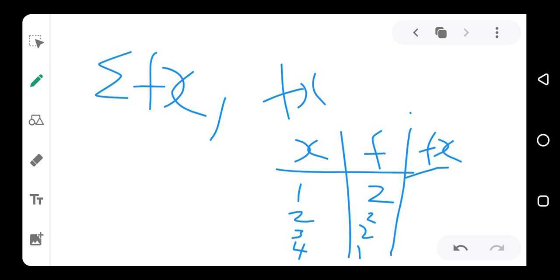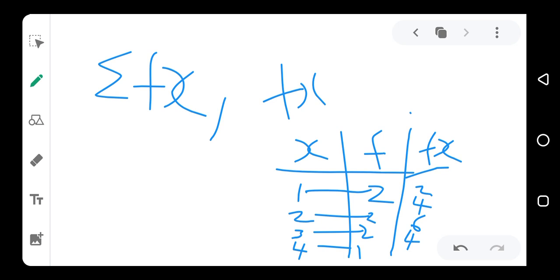That means we use what is here and times what is here, for each row. Now that is going to give us 1 times 2 is 2, 2 times 2 is 4, 3 times 2 is 6, 4 times 1 is 4.